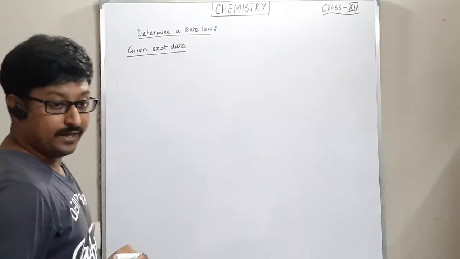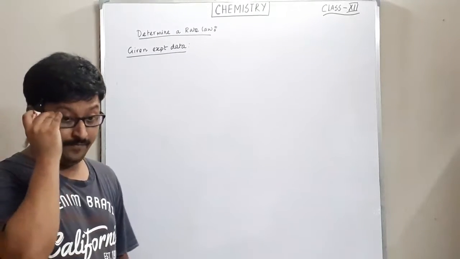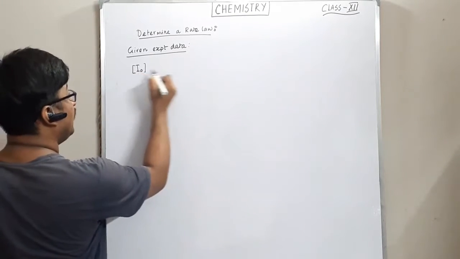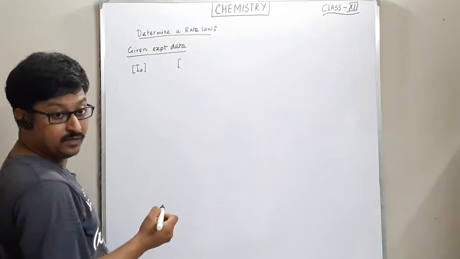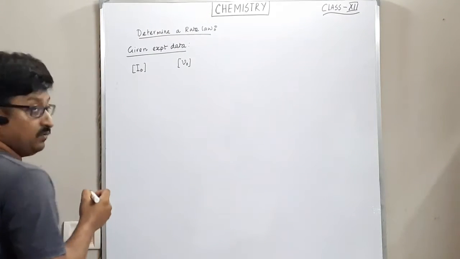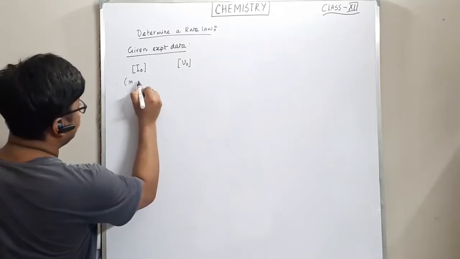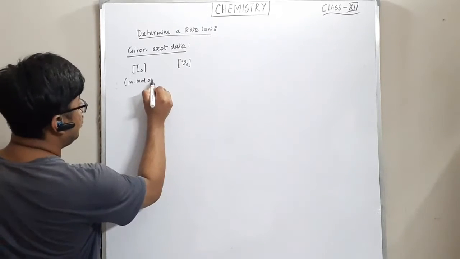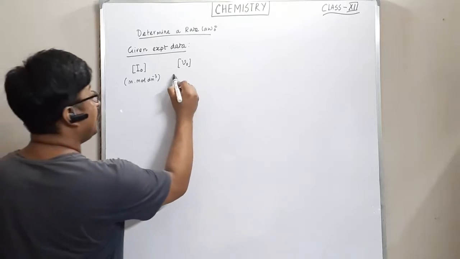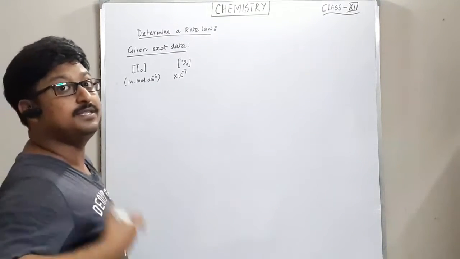What is given? It is given that the initial concentration I0 and the rate of the reaction, that is V0. The unit of I0 is given as millimole decimeter minus 3, and the rate is given multiplied by 10 to the power minus 7, which means that much slow.